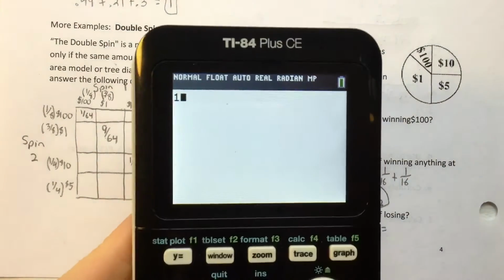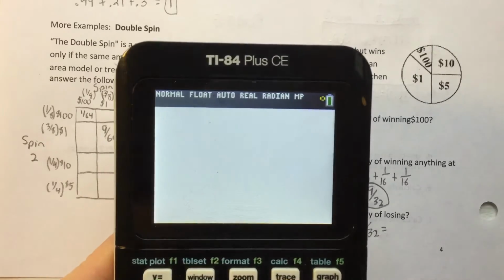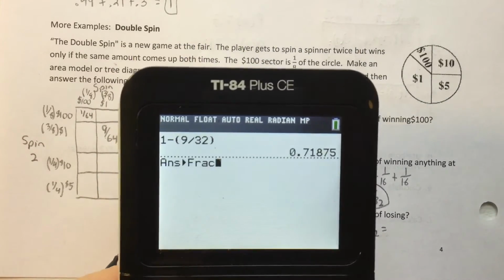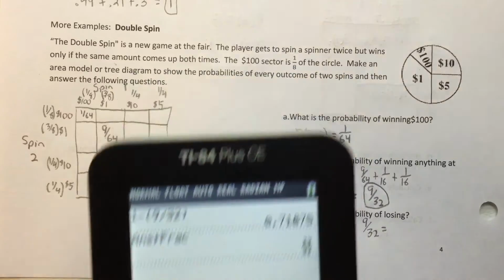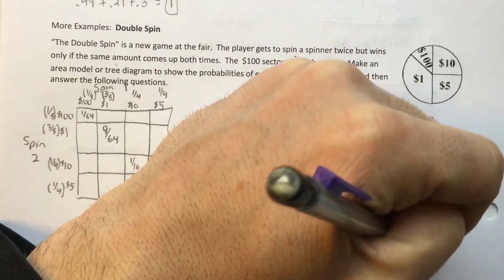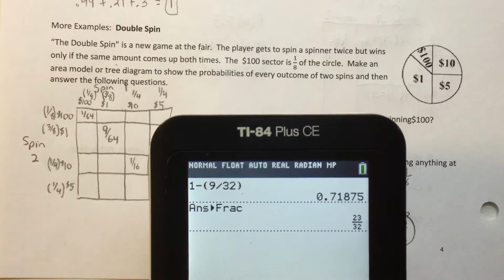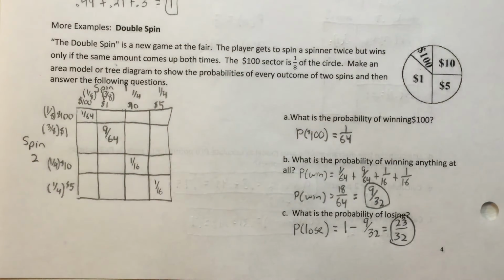So if I do 1 minus 9 divided by 32, and make that a fraction, I get 23/32. Which I could also leave as a decimal or move the decimal over twice to make it a percent.